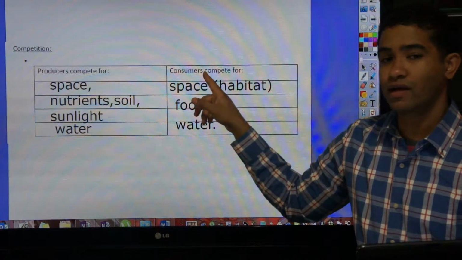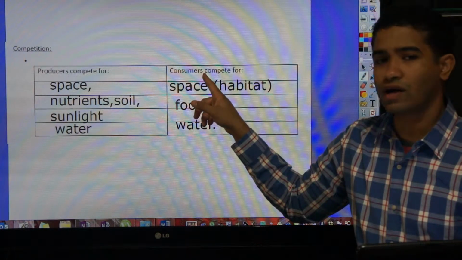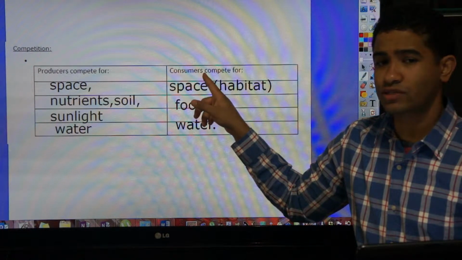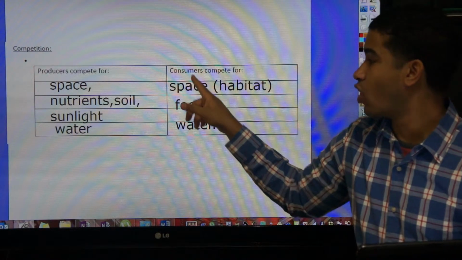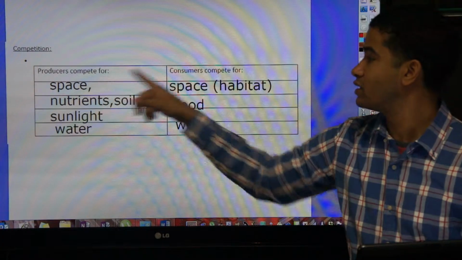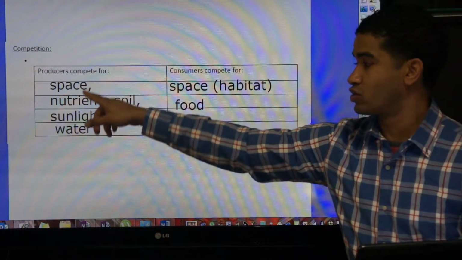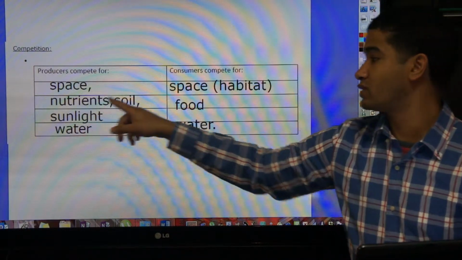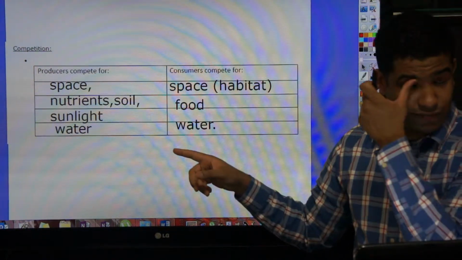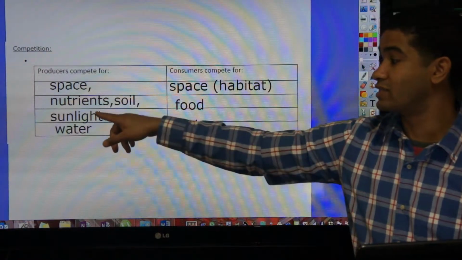Consumers like mice, deer, cows, hawks, wolves, sharks, dolphins, and fish all compete for things. So producers compete for space, and so do consumers. Producers compete for nutrients found in soil, as well as sunlight.